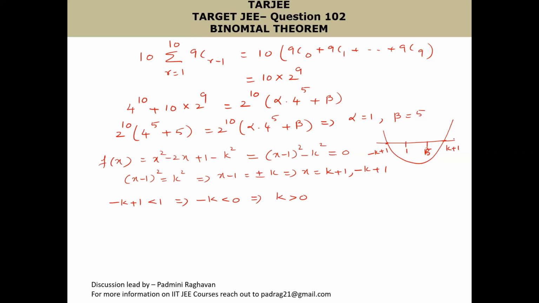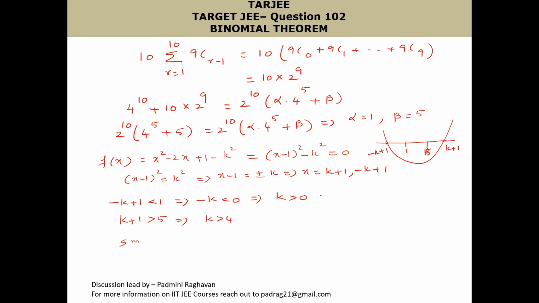Similarly, you have to make the other root more than 5. That means the larger root, namely k plus 1. K is positive, so k plus 1 is larger than minus k plus 1. K plus 1 has to be greater than 5. That means k needs to be greater than 4. So k has to be greater than 0, and k needs to be greater than 4. But the question says what is the smallest positive integer value for k?